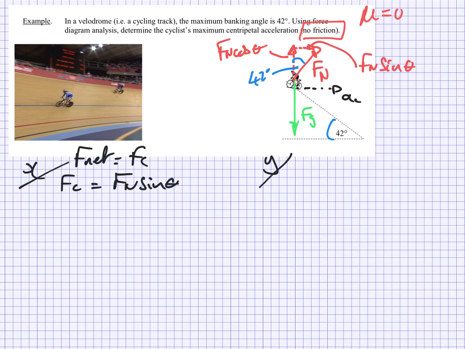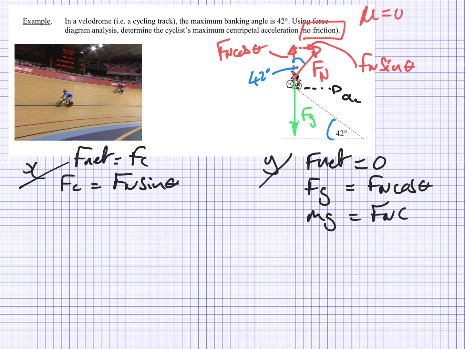In the y, the up and down analysis, we have this equilibrium statement, 0, because it's neither going up nor down, and that means that the Fg is equal to the Fn cosine theta. So mg is Fn cosine theta, and if we solve for Fn, we get mg over cosine theta.